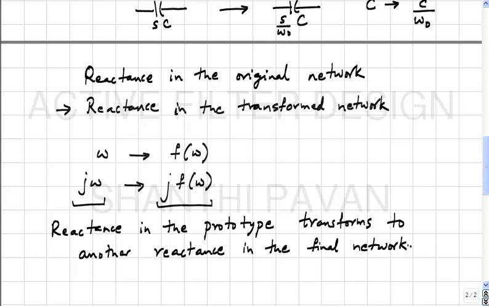Now, in the transformed network, please note that every inductor has transformed into another reactance, which again is purely imaginary, right? It's j times f of omega, correct?